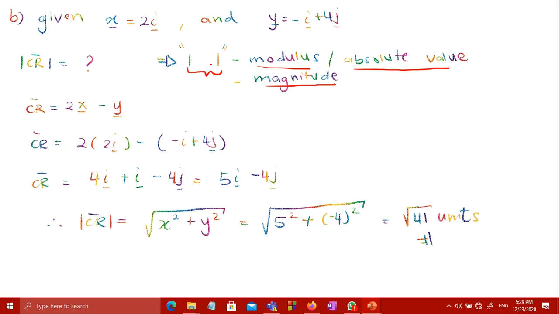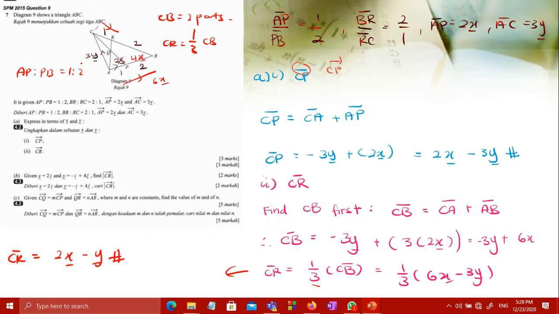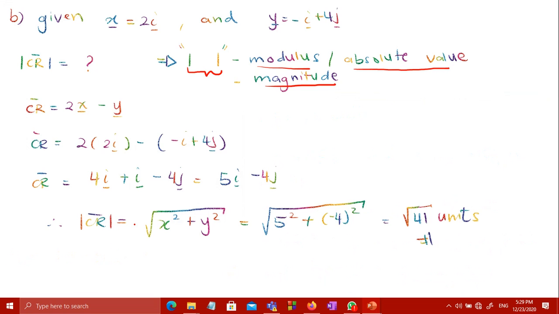So the question wants us to find the magnitude of CR. We know from the previous question CR is 2x minus y, and we know x is 2i, substitute, and y is negative i plus 4j, substitute. Simplify and you get this.